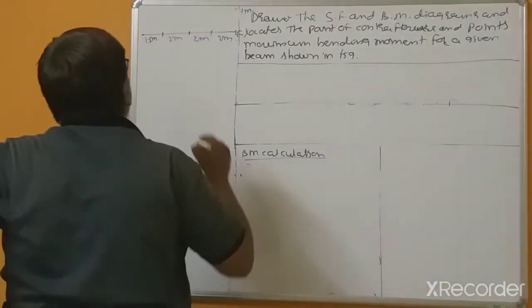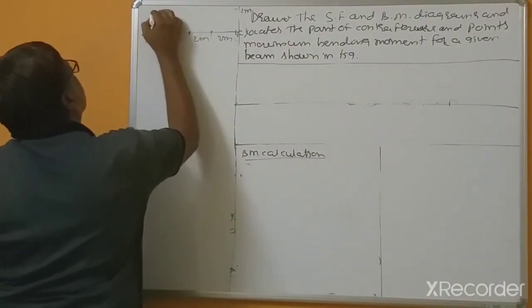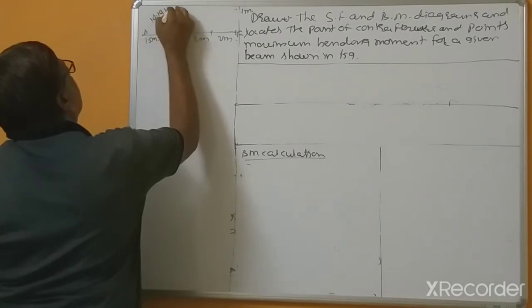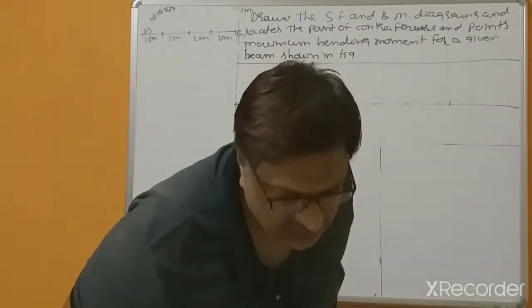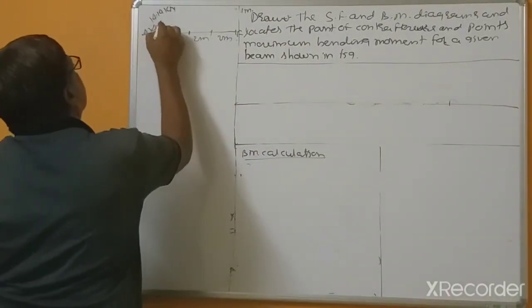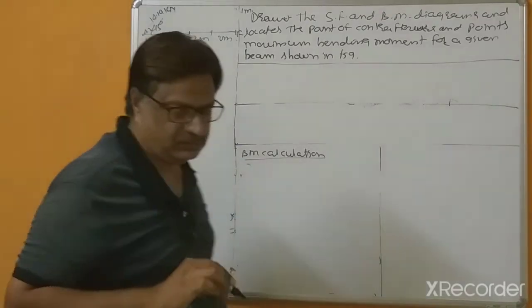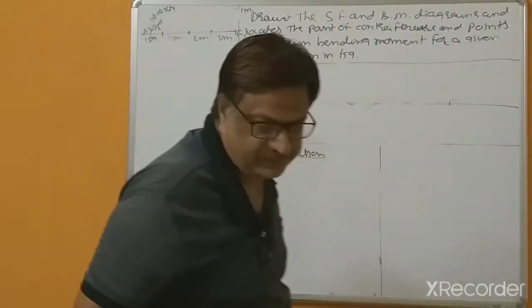14.14 kilonewton. This angle is 45 degrees. Next, 30 kilonewton.